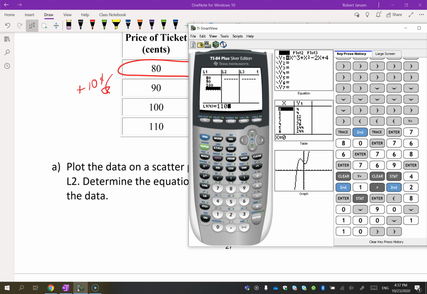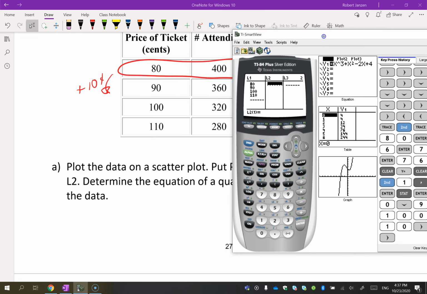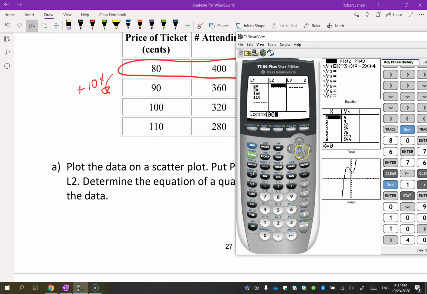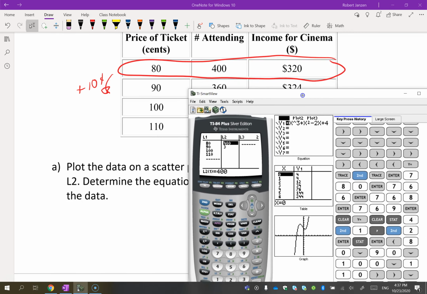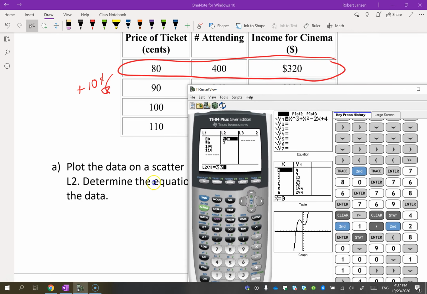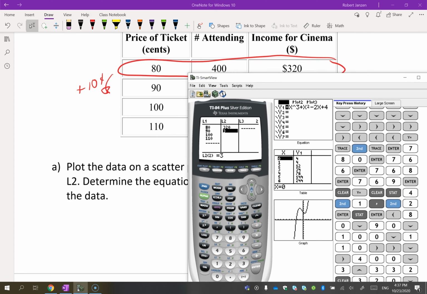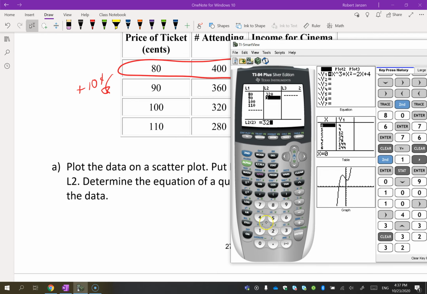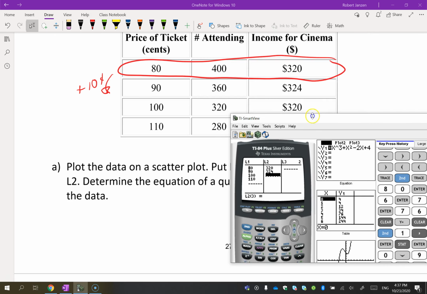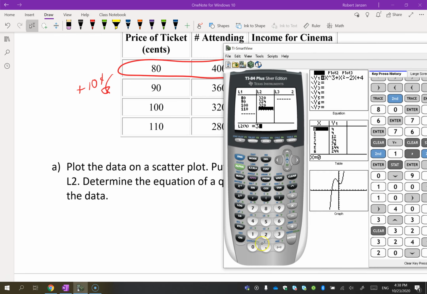And then here, I'm going to put 400, no, that's not what I want in there. Let's go back. I wanted 320. Then 324, and then 320 again, and then 308.